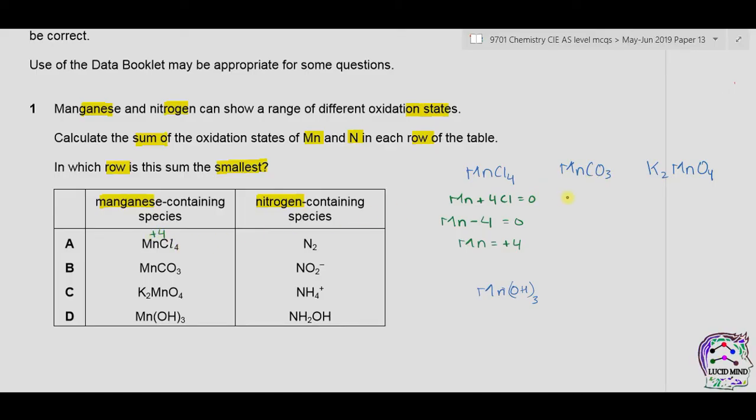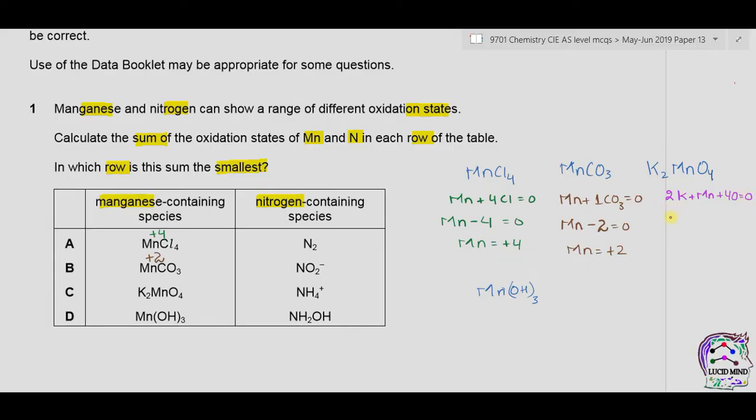Second is manganese carbonate. Now we know that we have 1 manganese and 1 carbonate. Overall charge is 0. The charge on carbonate is -2, so the charge on manganese should be +2. Third one is K2MnO4. We have 2 potassium, 1 Mn, 4 oxygen and overall charge is 0.